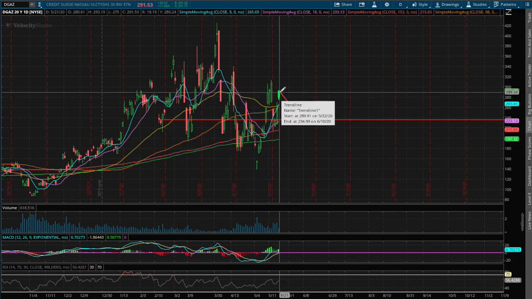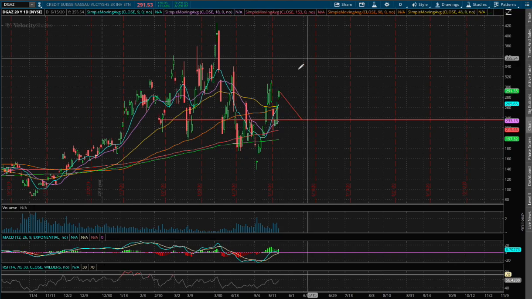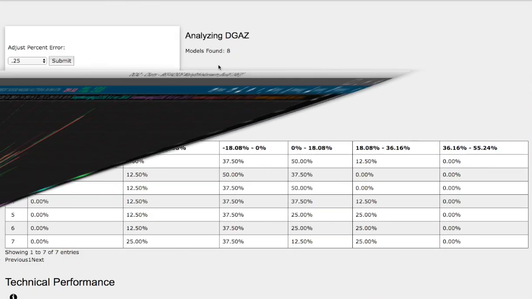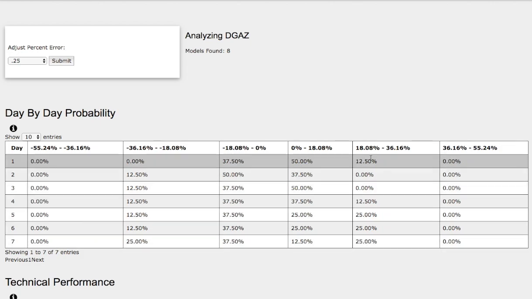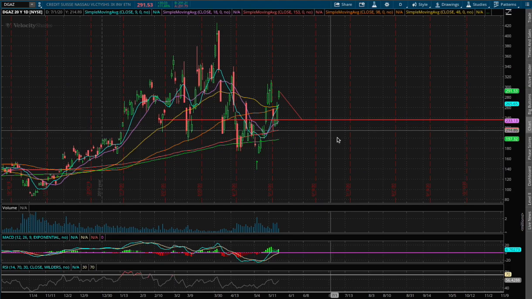So let's mark or find the resistance. If we do manage to climb higher, for the resistance level, we'll just use the 18% movement to the upside, as we have a 25% chance back then of increasing between 18 to 36%. So let's mark 18% to the upside as our resistance.